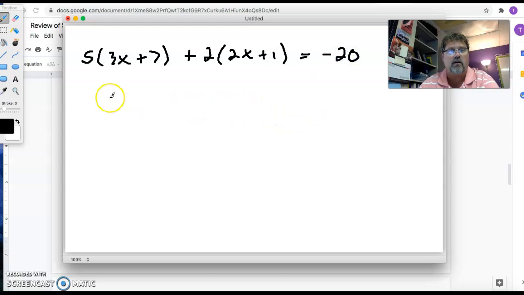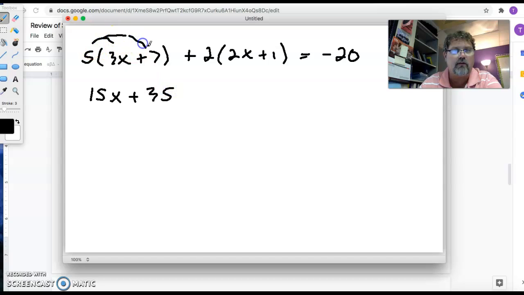Right? All right, let's work this thing out here. We're going to distribute: 15x plus 35. And then over here we're going to get 4x plus 2 equals negative 20.